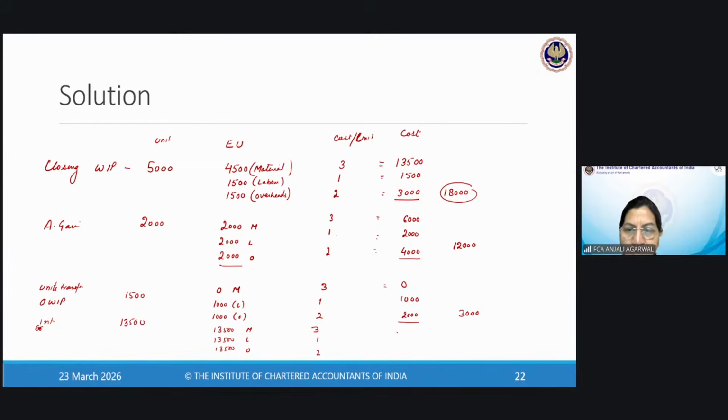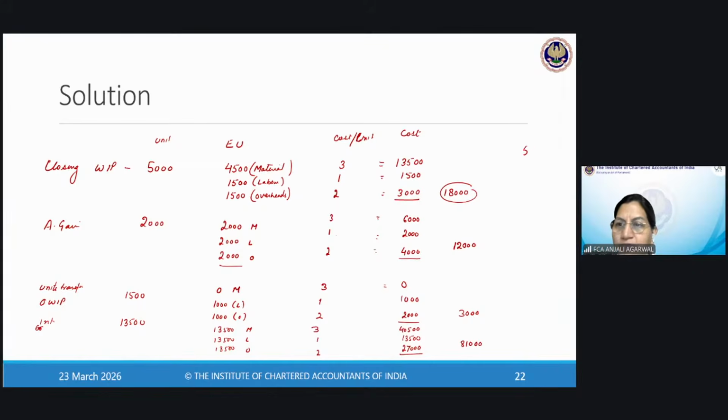So 13,500 into 6, 13,500 into 3 is 40,500. 13,500 into 1 is 13,500. 13,500 into 2 is 27,000. 81,000. So now you have the total cost assigned to each of the elements.